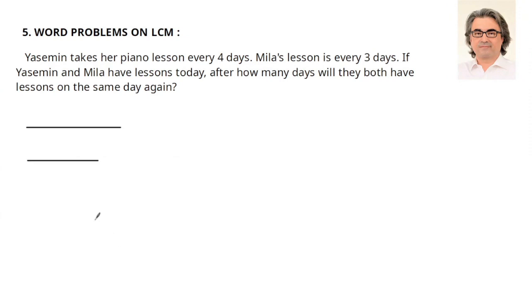Now I sketched 2 line segments, and the first line segment is for Yasmin, and it represents 4 days, and this is for 3 days.